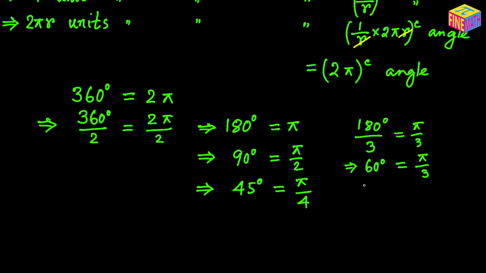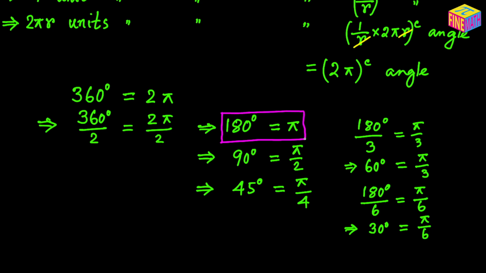And also if we divide 180 degree by 6, that will be pi by 6 radian. That means 30 degree would be equivalent to pi by 6 radian. And those are the most common angles which are used in trigonometry. So I'm going to highlight them. These are our most common angles that we should remember the conversion between the degree and the radian.